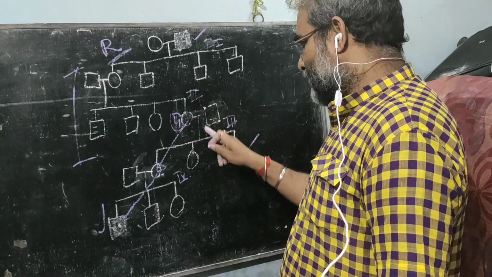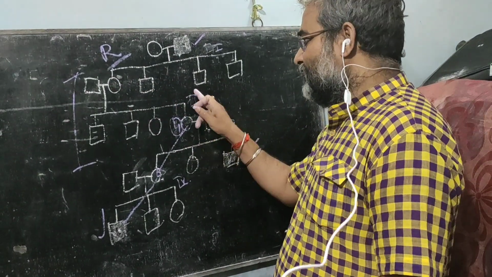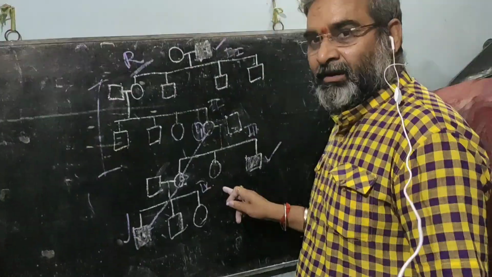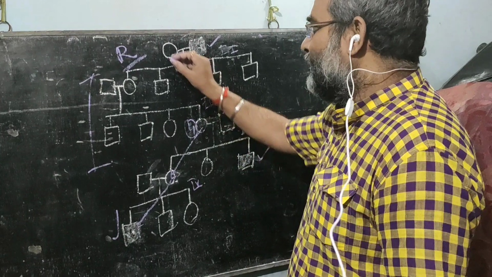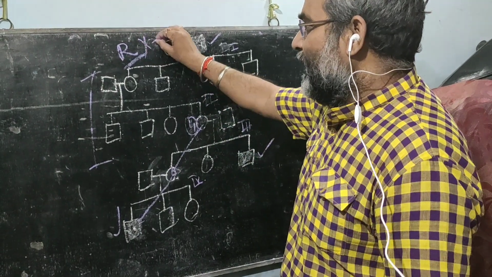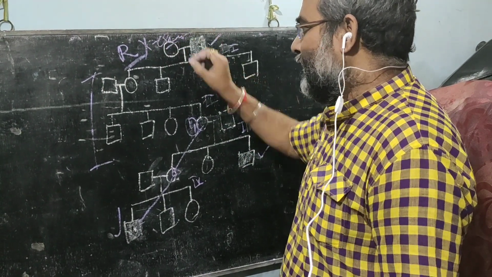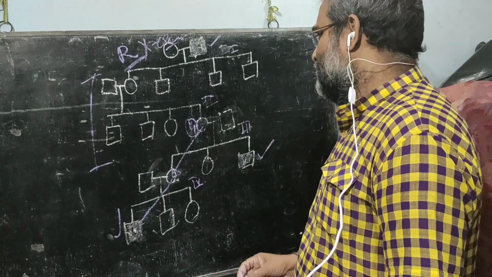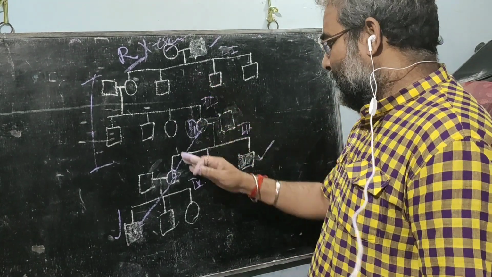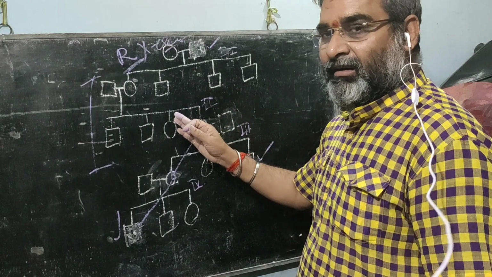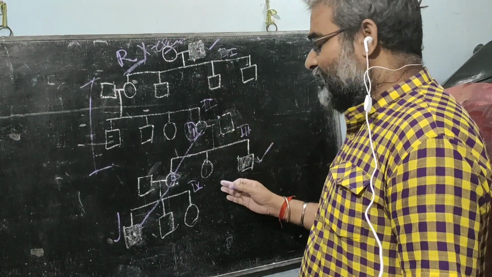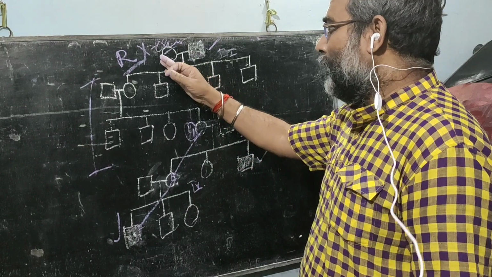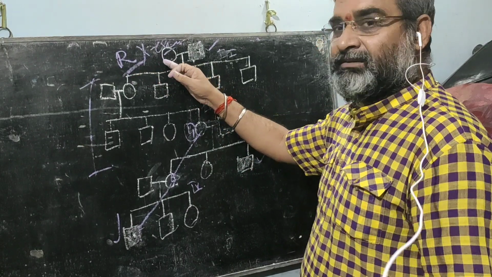It means the pedigree represents that the character is X-linked recessive. The pedigree clearly represents that the trait is carried on a recessive X chromosome.